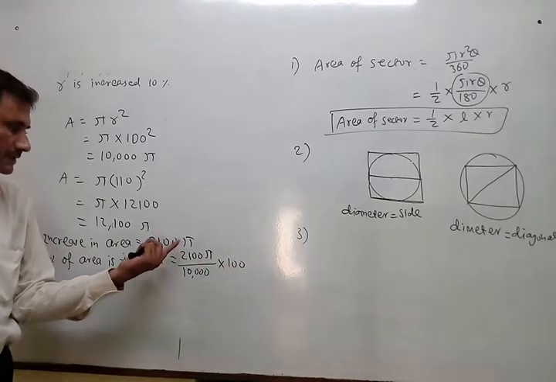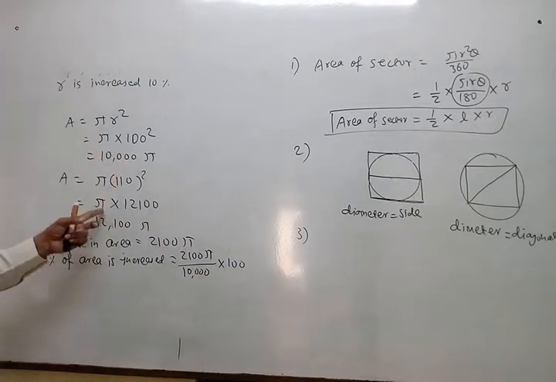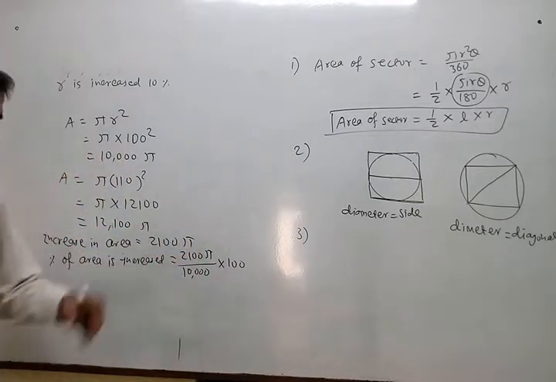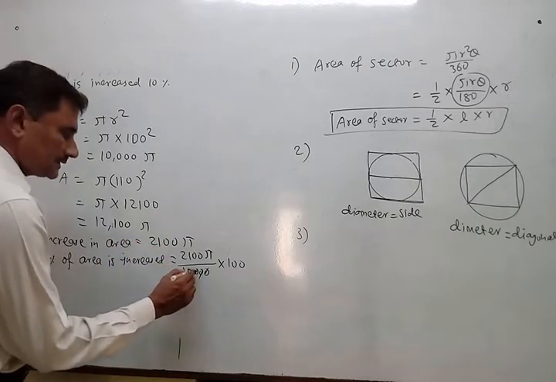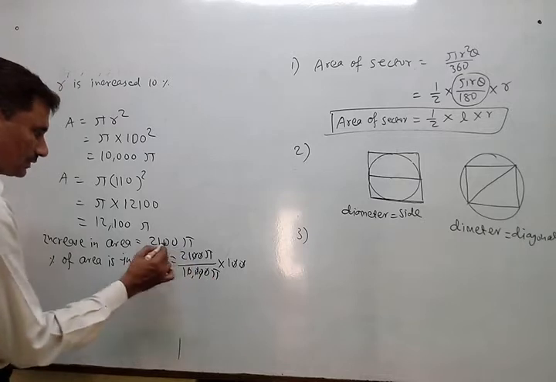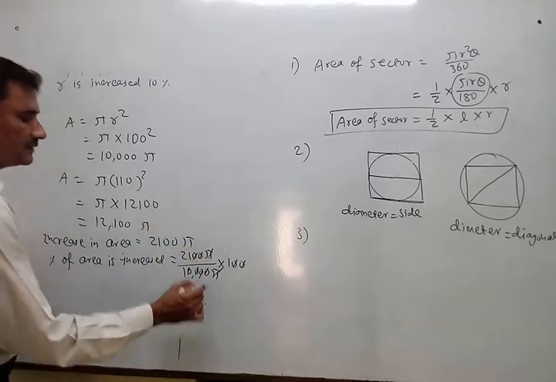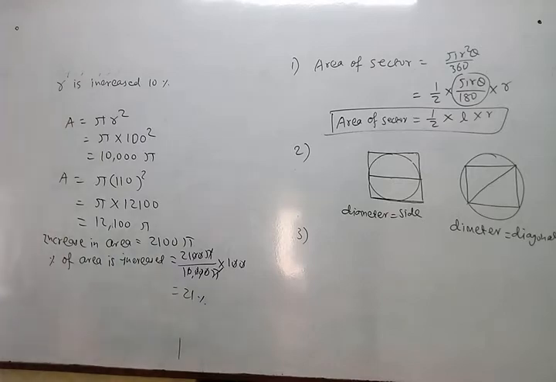So for the percentage of this increase, divide by the total, which means the earlier value, not the later value, into 100. So 2,100 pi over 10,000 pi into 100. Pi cancels, so 21. So 21% increase.